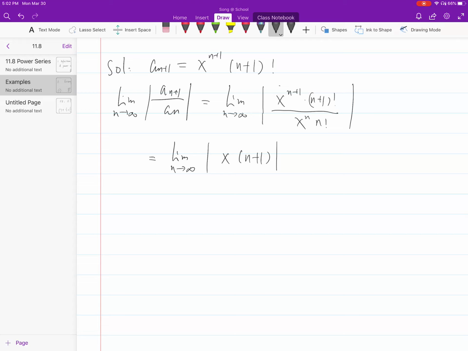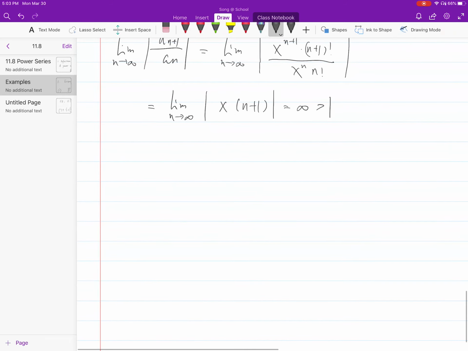Now try to ask yourself, what's the limit of the thing here? For example, if I put in 1, what's the limit as n goes to infinity of n plus 1? Infinity. Now what if x equals 2? Infinity. Actually, whatever x you plug in, it doesn't really matter because x is just a constant. This part always goes to infinity. So the whole thing is infinity. Is it bigger or less than 1? Bigger than 1.